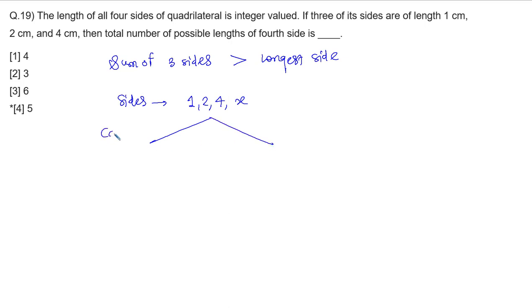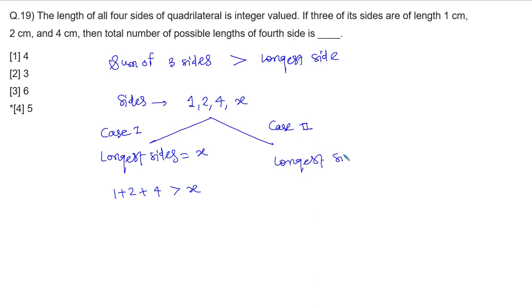So there are two cases for the longest side. First case is longest side is equal to x. So 1 plus 2 plus 4 should be greater than x. And the second case is longest side is equal to 4. So in that case 1 plus 2 plus x should be greater than 4.